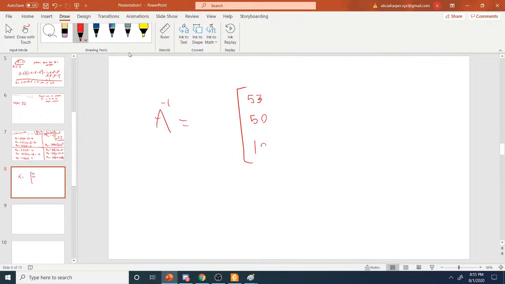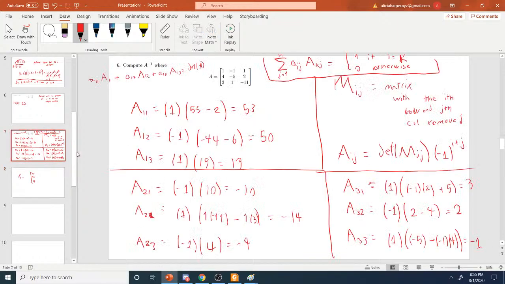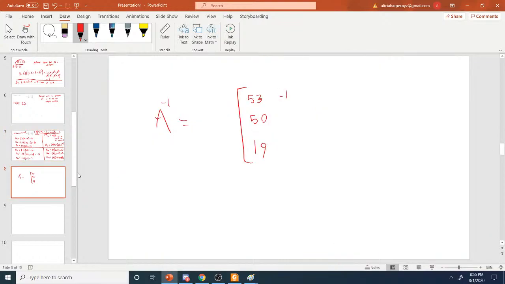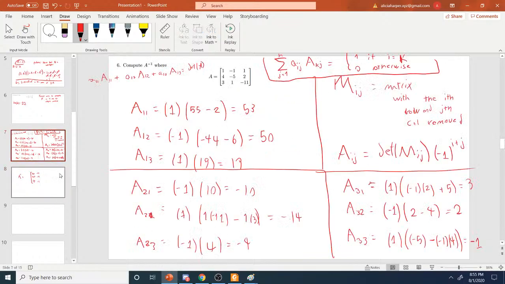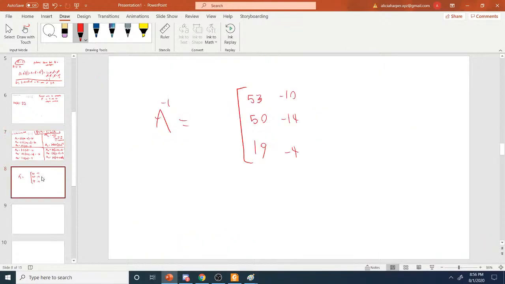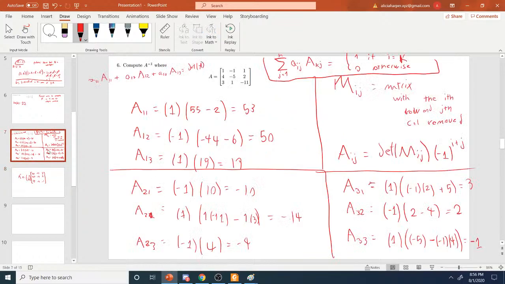And then for the second column, we're going to use these entries, -10, -14, and -4. And then for the final entries, we're going to use 3, 2, and -1. And then we have to multiply all of this by 1/22. And so this is how we find the inverse using the adjugate matrix.